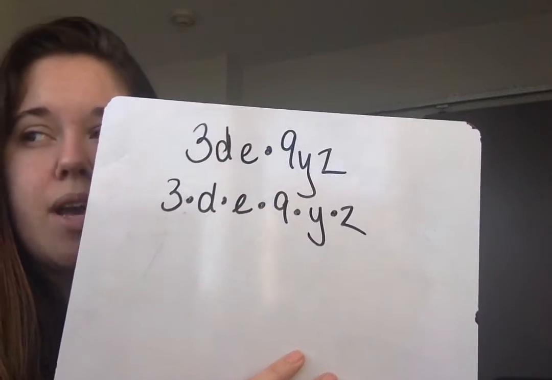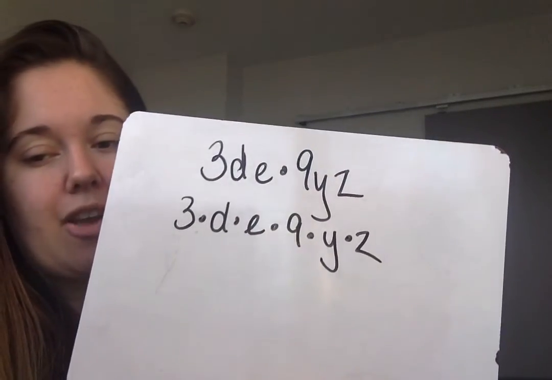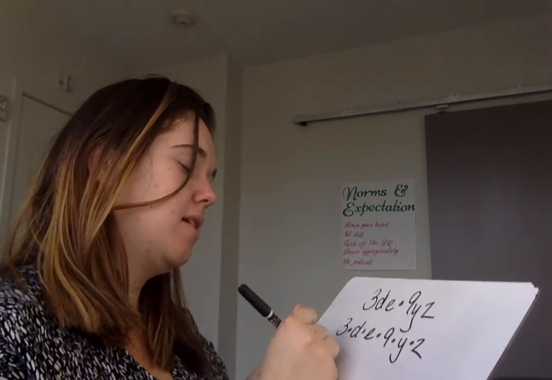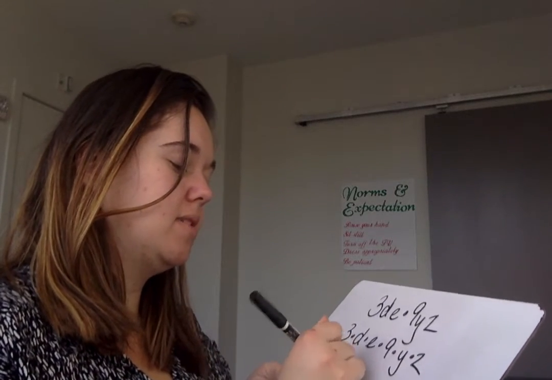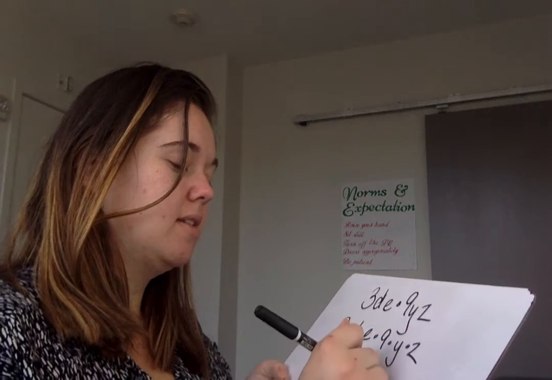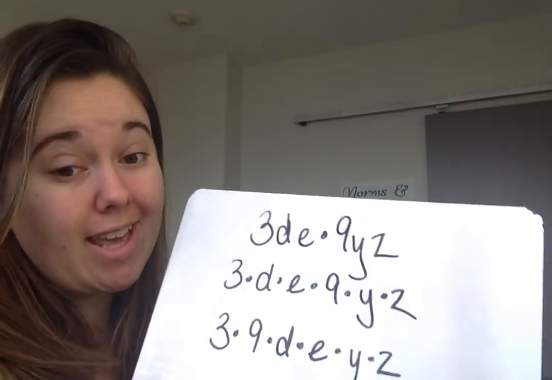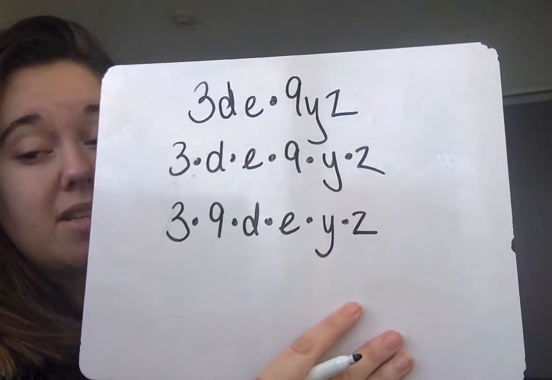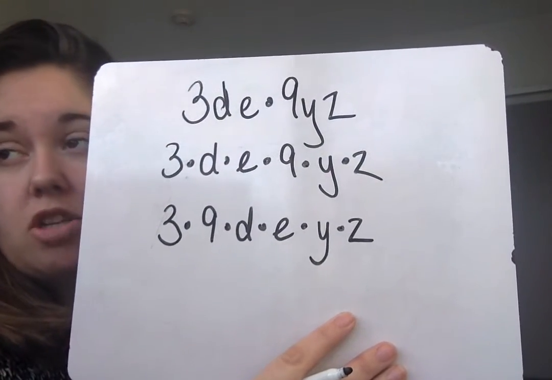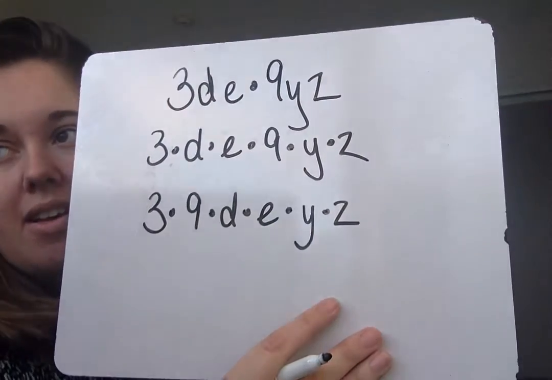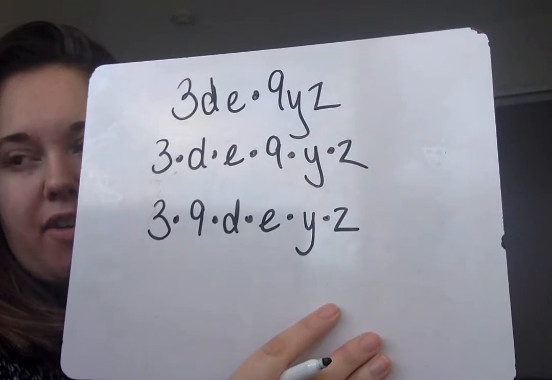So let's rewrite it so that our numbers are grouped together, and our letters are all in alphabetical order. All right, 3 times 9 times d times e times y times z. Just rewriting it in any order thanks to the commutative property of multiplication. And now we can start simplifying this a little bit more.